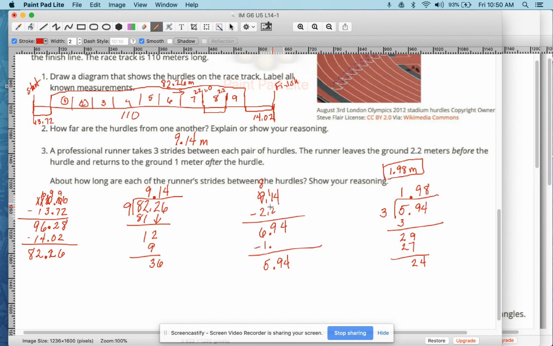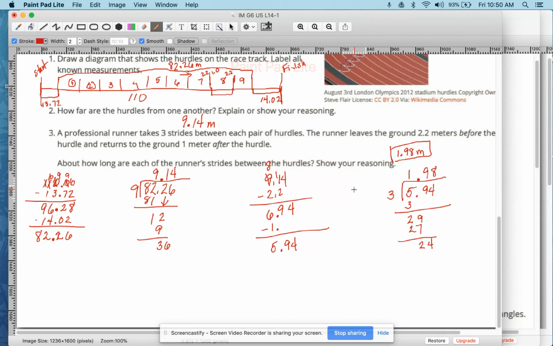We subtracted the amount that he or she jumps and doesn't use for stride purposes, which is 2.2 before and 1 meter after. We got 5 94/100, and that's the number where the runner is actually running in between the hurdles. And we divided that by 3 and got 1.98. Told you it was a tricky one.